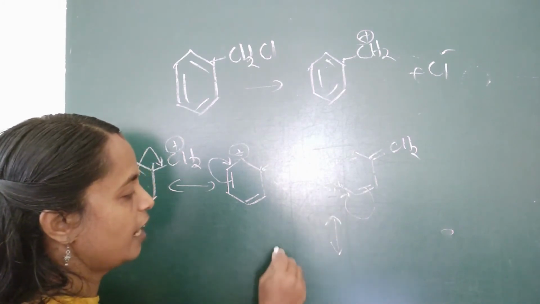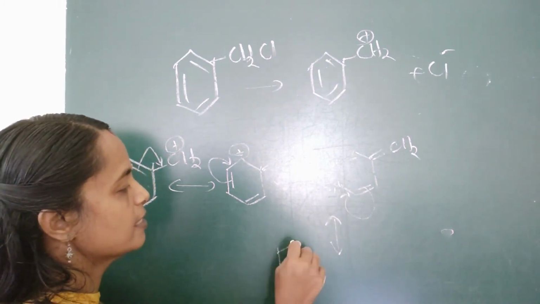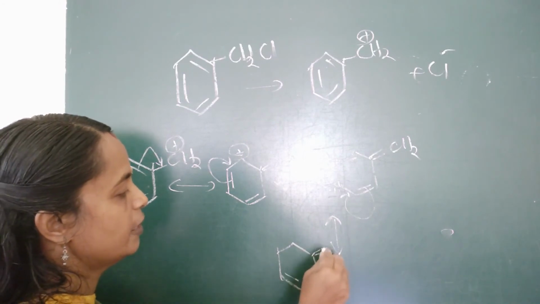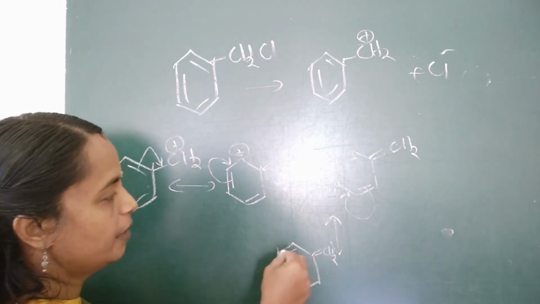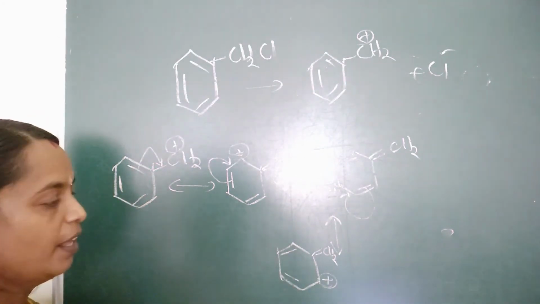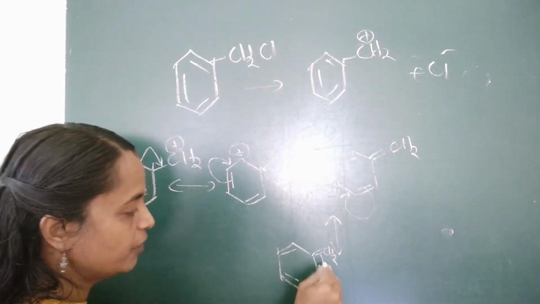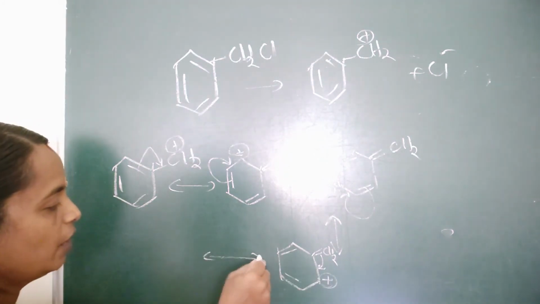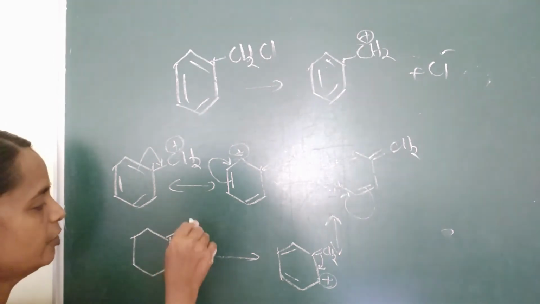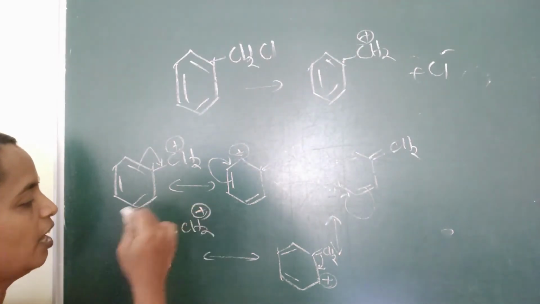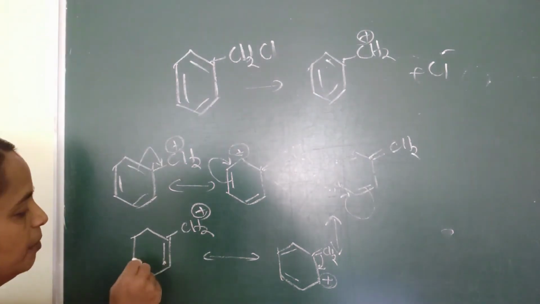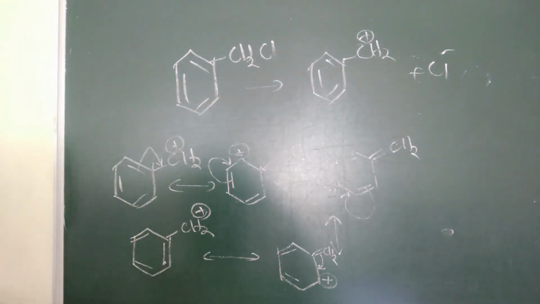The resonance structure can be drawn with the double bond to CH2, and the positive charge elsewhere on the ring. Then the double bond shifts again, and the structure can be written as CH2 with the positive charge, with the double bond here.